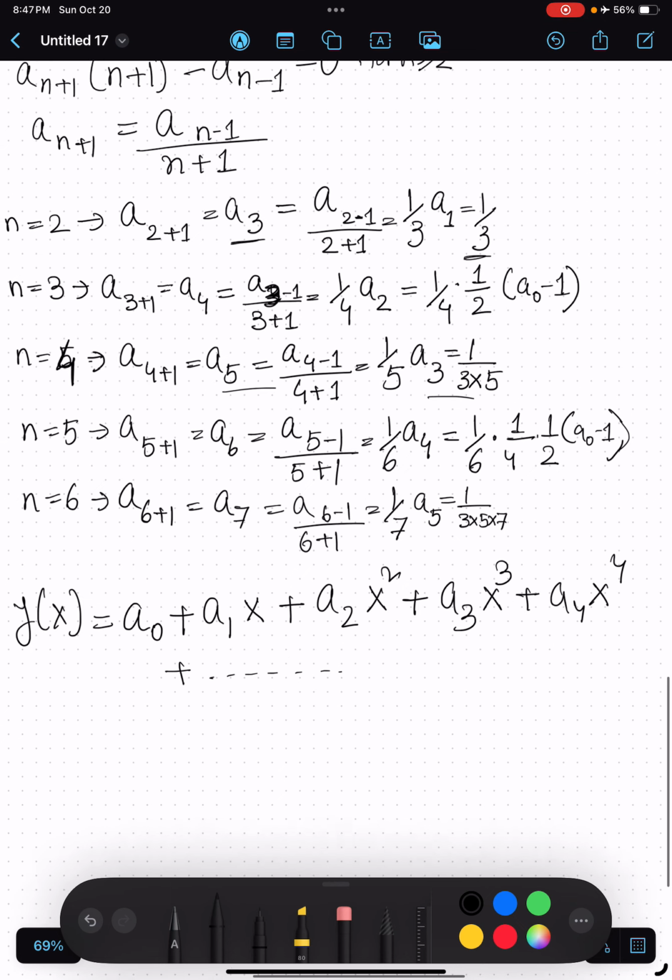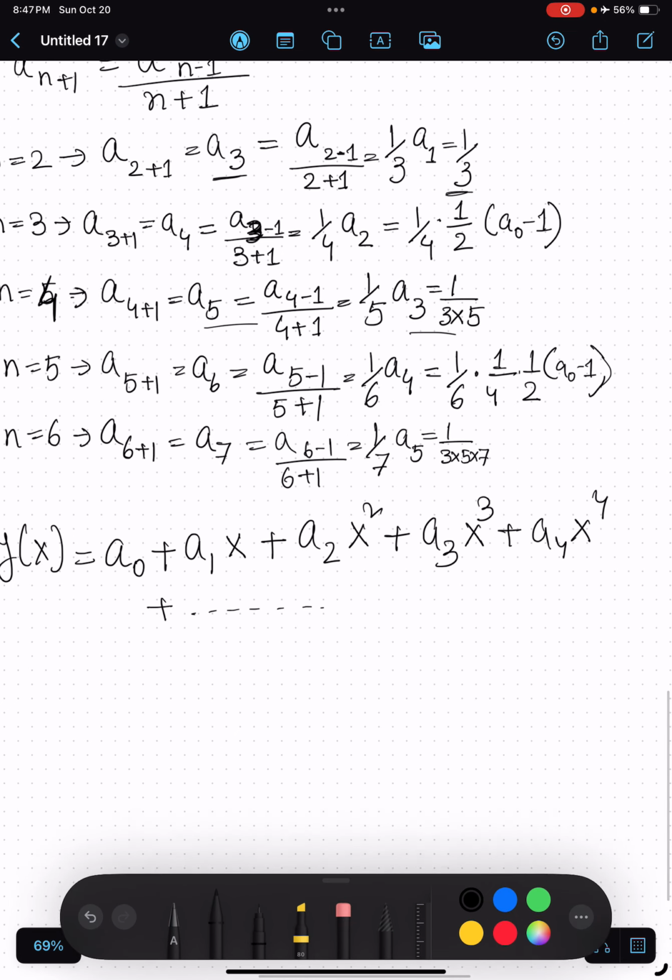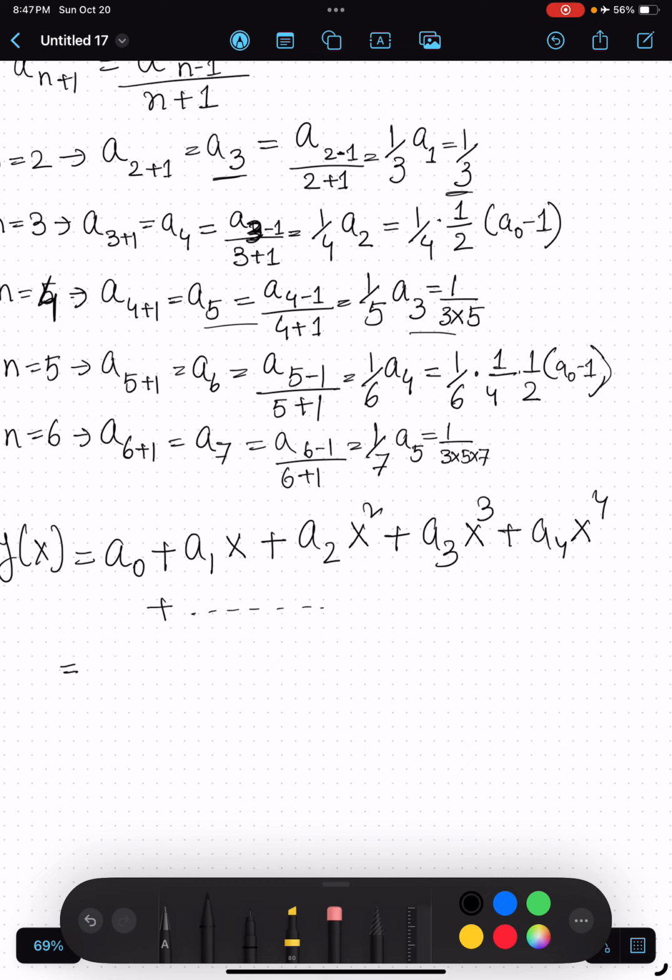So plugging in all the values that I've gotten. So remember when I said that my a sub 0 is arbitrary. So a sub 0 is just going to be as it is. And then I have my a sub 1, which is 1. So I'm just left with x plus a sub 2, which I got was half a sub 0 minus 1.